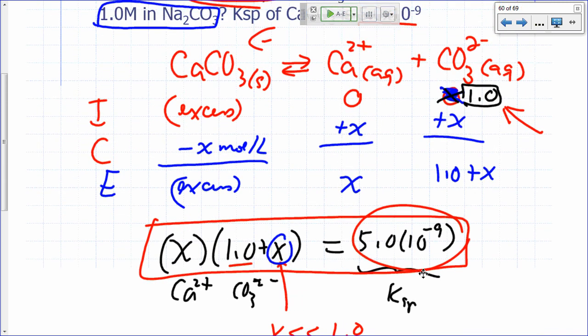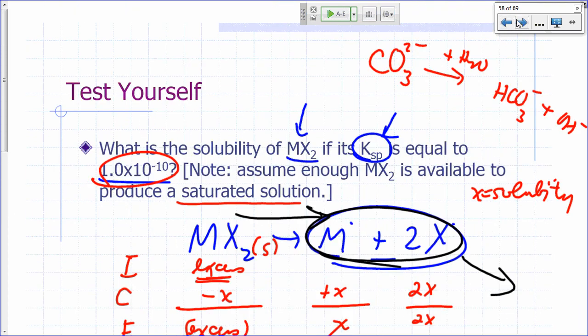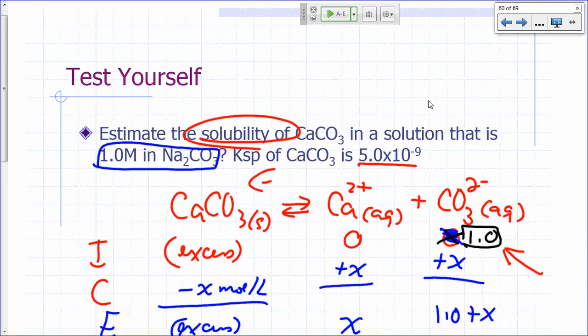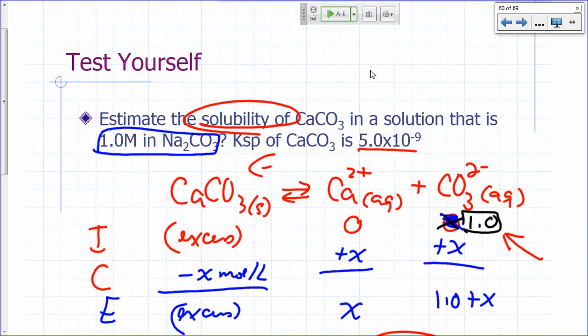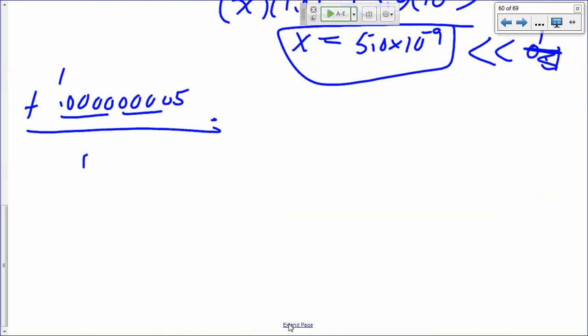What would you get if the 1 wasn't there? Did we calculate the solubility earlier? We did not. Okay, so let's calculate it without the sodium carbonate. What would it have been if you didn't have sodium carbonate? You would have said x squared equals 5.0 times 10 to the negative 9, right?